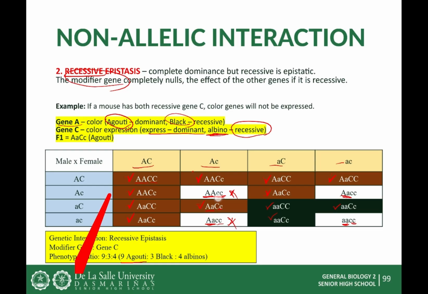So, ibig sabihin, if your gene C is recessive, therefore, it will nullify the phenotype of the A, which is agouti. So, this will give us a color of albino. Also this, because C is recessive, albino. Recessive C will give us a color of albino, and another recessive C will give us an albino, giving you 4 albino. So, that's recessive epistasis.